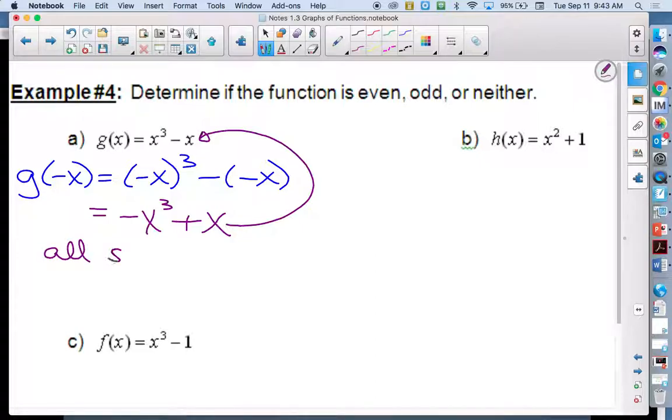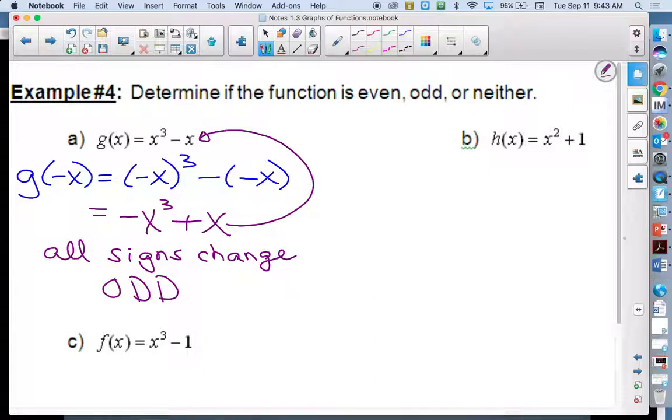So all the signs changed. Therefore, this is an odd function. If you graph it, it should have symmetry about the origin. So algebraically, make the x's negative and then simplify.